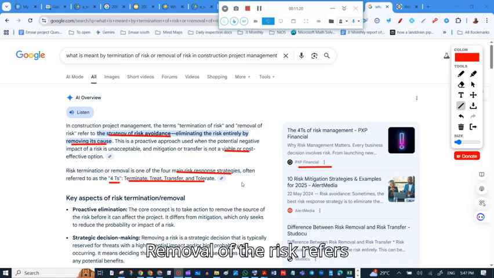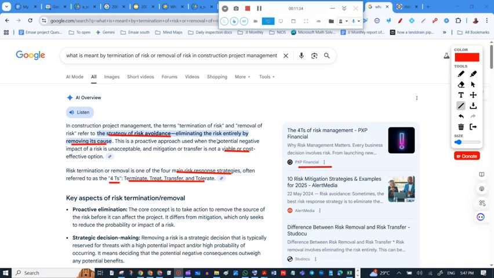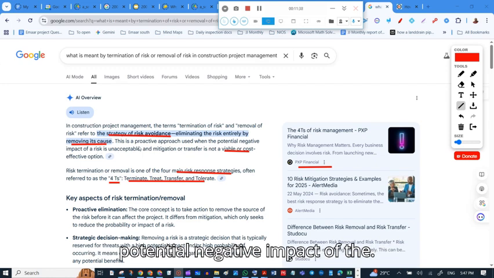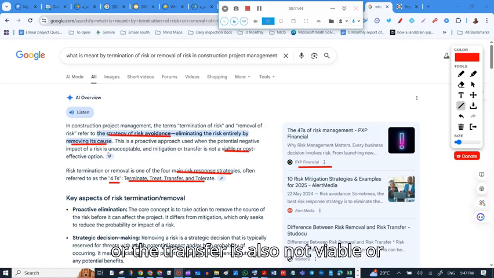Termination refers to a strategy of risk avoidance. It means we are eliminating the risk entirely by removing its cause. It's a proactive approach used when the potential negative impact of the risk is unacceptable and mitigation or transfer is also not a viable or cost-effective option.